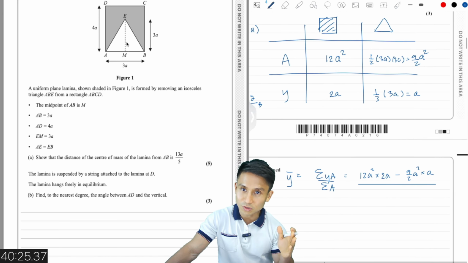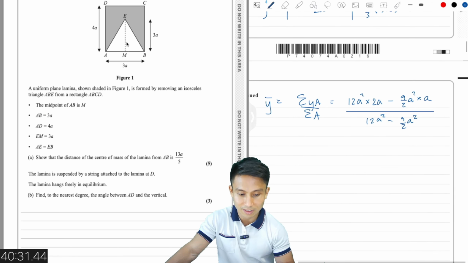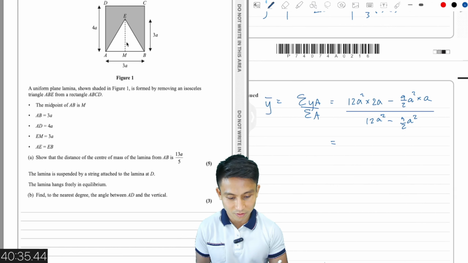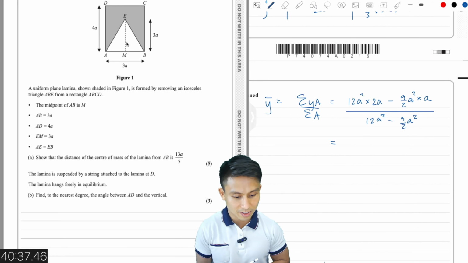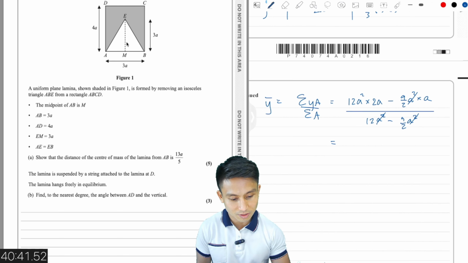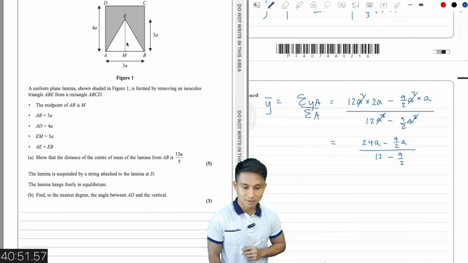Now the area also gets subtracted, so it's going to be 12A squared minus 9 over 2 A squared. So you're going to cancel, and you're going to get the distance of the center of mass from AB. A squared will be cancelled, like this one, this one, this one, and this one. So we have on top 24A minus 9 over 2 A, divided by 12 minus 9 over 2.